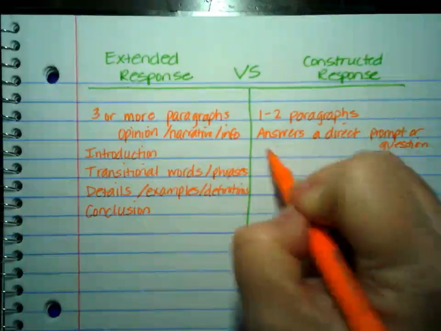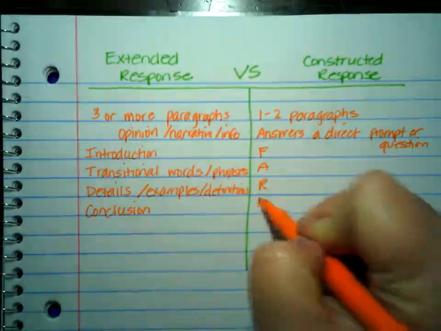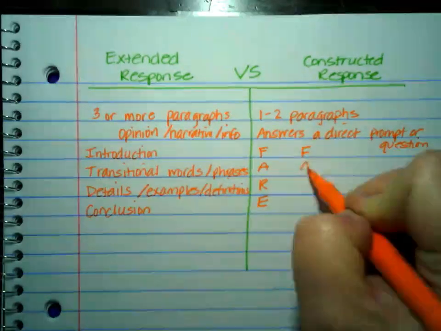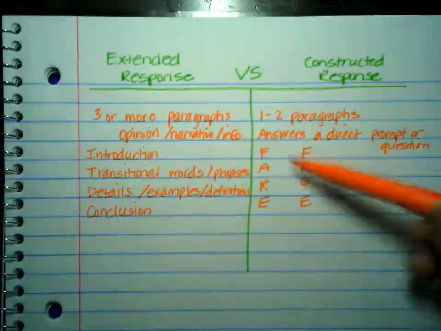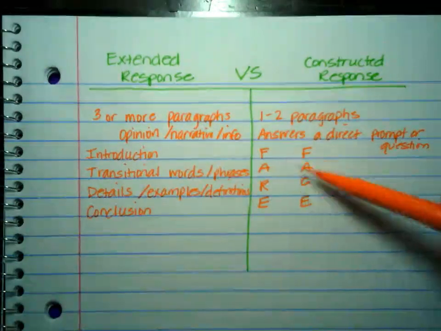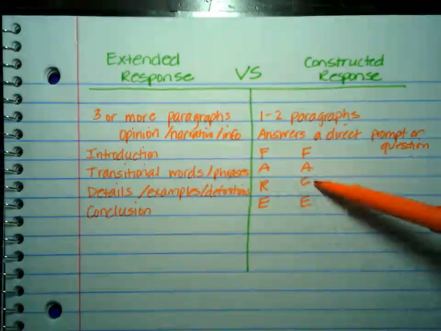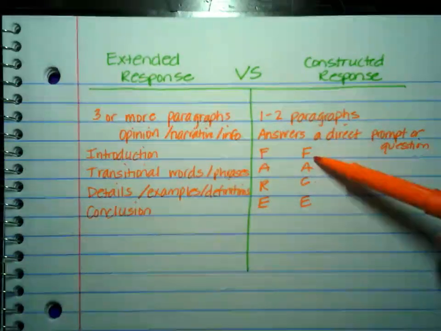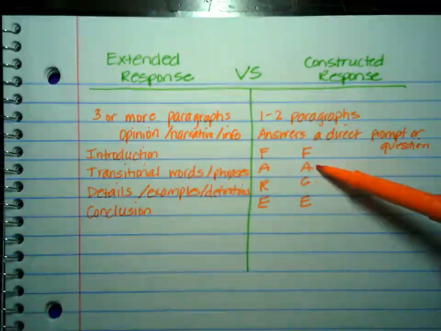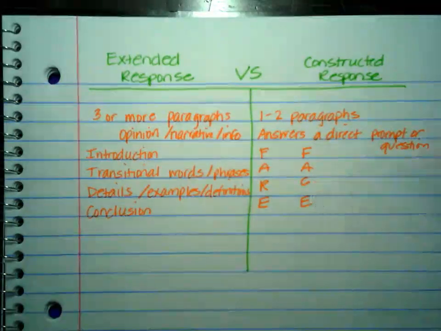This is where you're going to have FAIR, or FACE, and we're going to talk more about this in a different video, but this is where you're going to flip the question, answer the question, refer to the text for evidence or cite evidence directly from the text, and then explain how the evidence relates back to your answer. So this is the structure of those paragraphs.